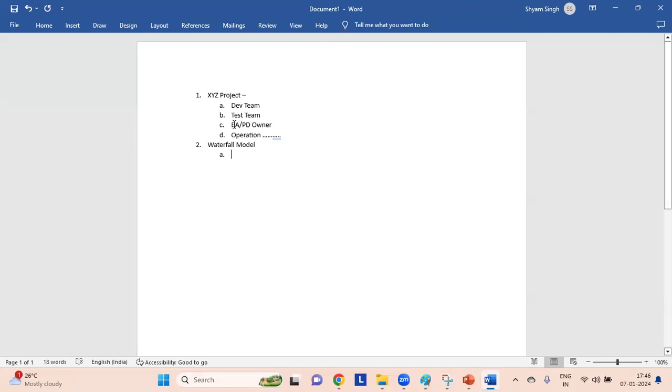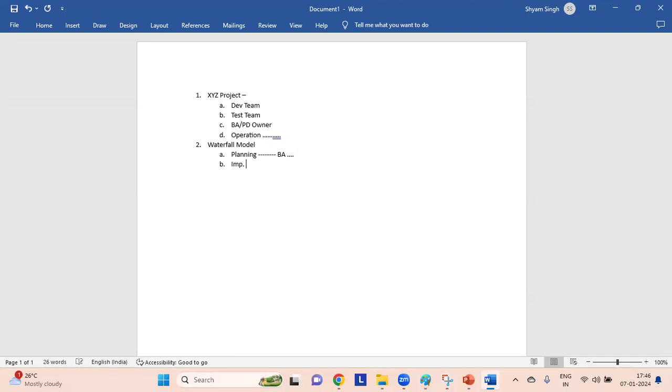First, the business analyst is going to work on the planning phase. The BA will work, right? But the rest of the people, either the dev team or test team, are sitting idle, yes or no? Because as per the waterfall model, the planning phase should complete first, and only then are they going to move to the implementation phase, correct.